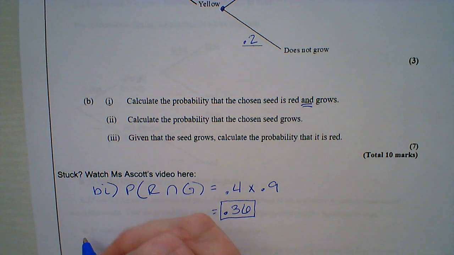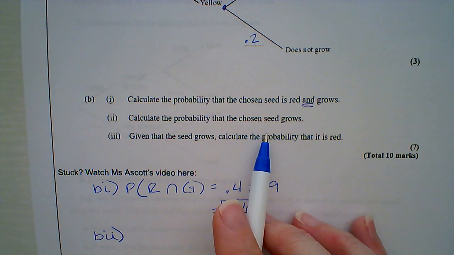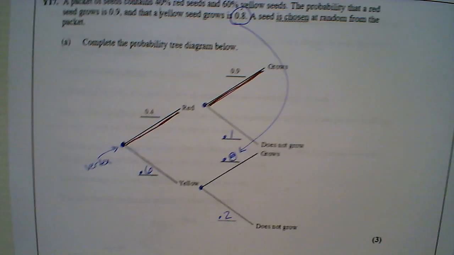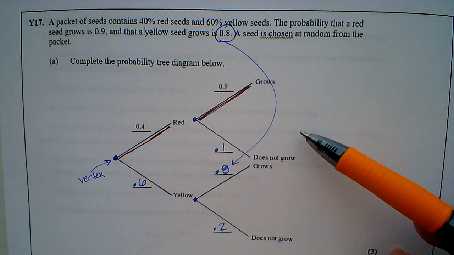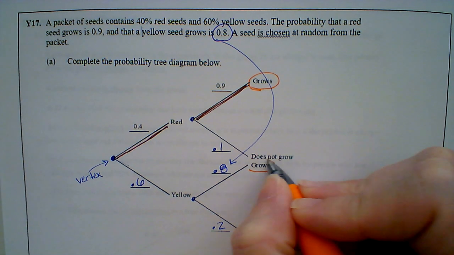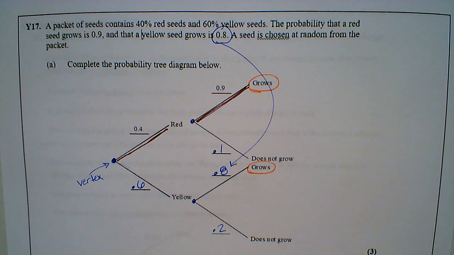Let's take a look at part B double I then. Let's move forward. Calculate the probability that a chosen seed grows. Now let's take a look at our tree diagram here. How many grows do we see? Well, we have this grows, and we have this grows. So notice there are 2 different paths that we could take to get to grows.